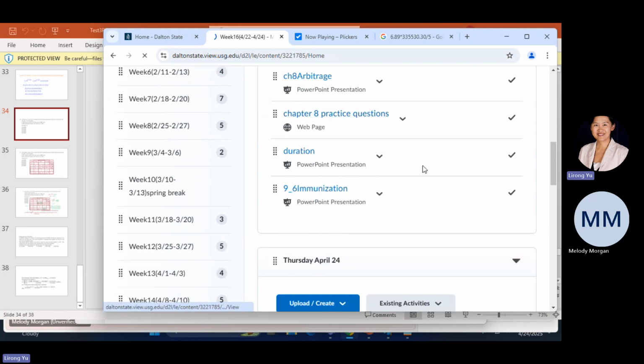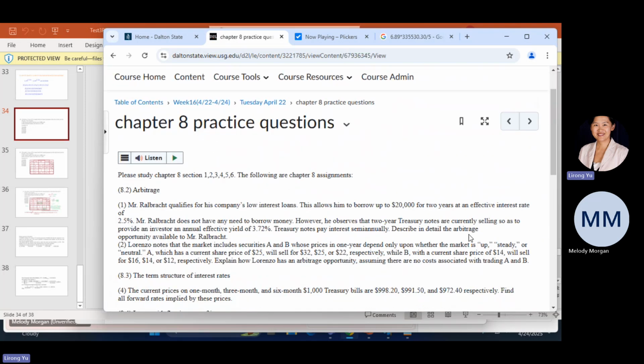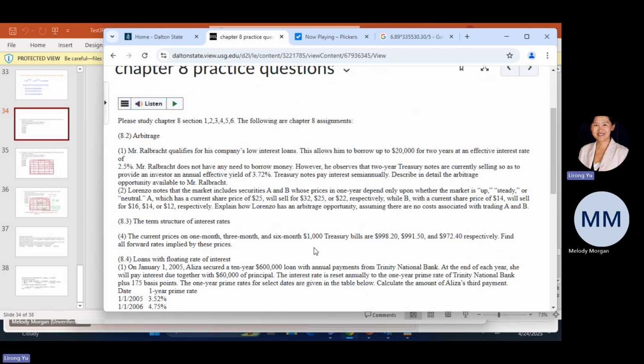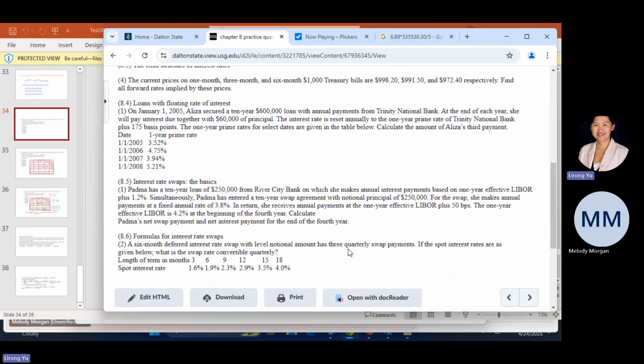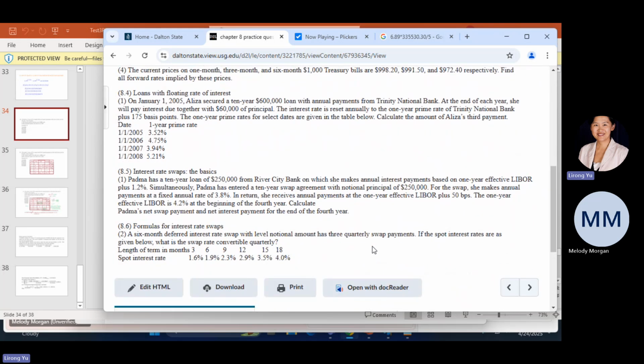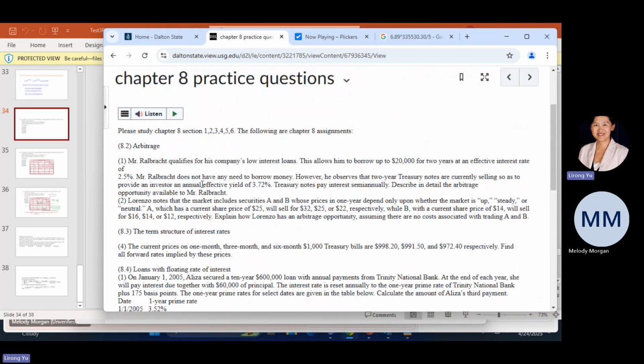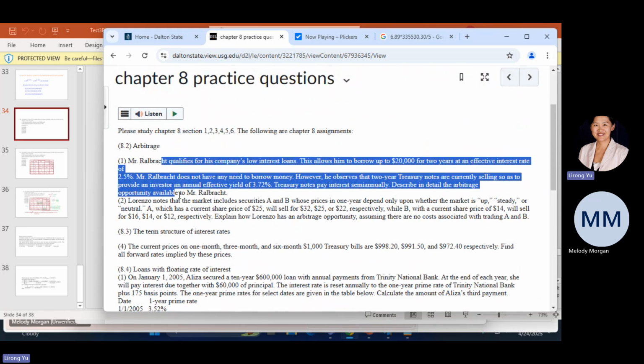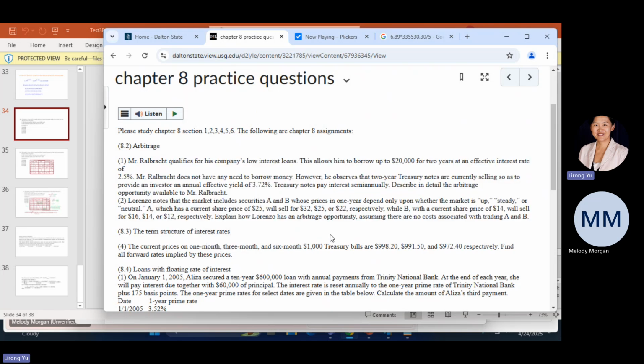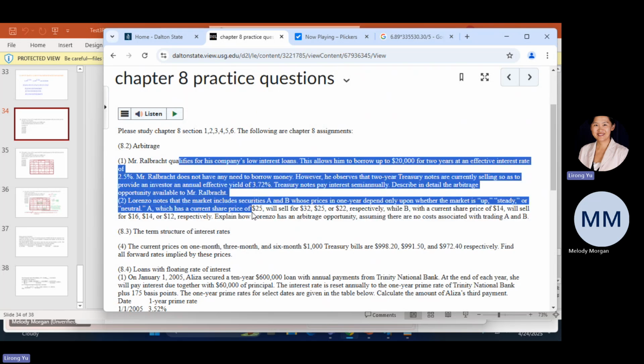But there are other practice questions if you want to understand. Chapter 8 is mainly focused on swap rate. There may be some topics about forward rate calculation, swap rate calculation, and there are a few arbitrage examples, but if you're interested, you can look them over.